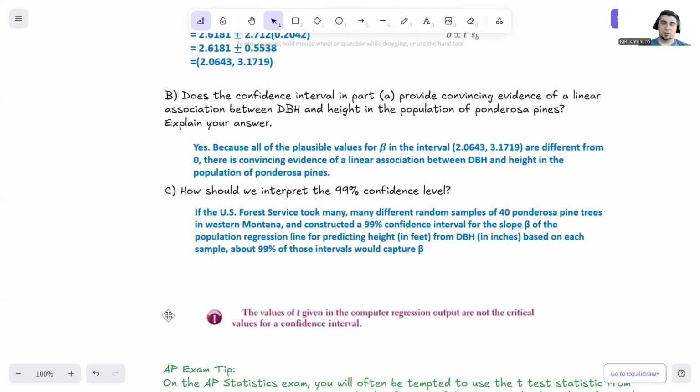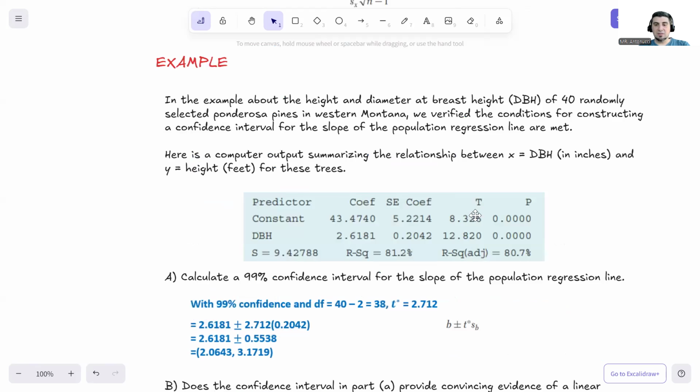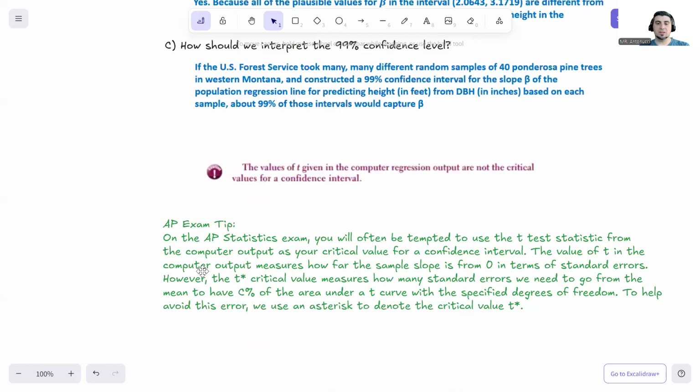Now, another thing is the values of t given in the computer regression output are not the values for a confidence interval. So these t values right here are not to be used as the t star critical value. And that's our tip on the AP Stats exam. You might be tempted to use the t test statistic from the computer output as your critical value for a confidence interval.